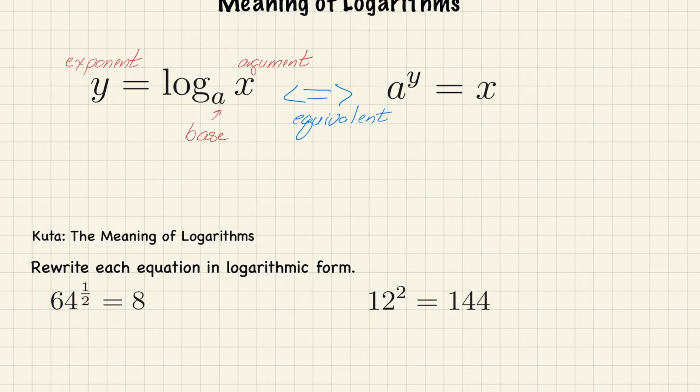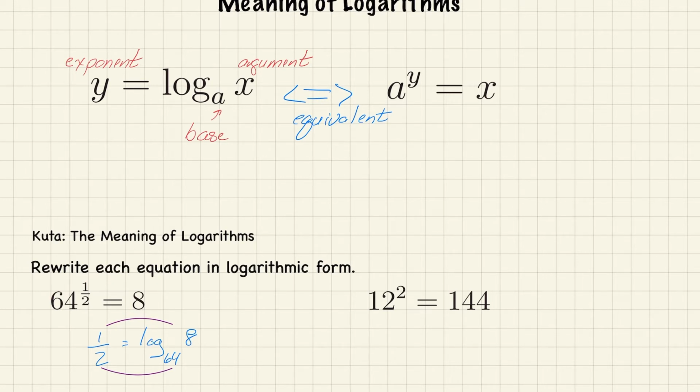So if y is 1/2, we're going to say 1/2 is equal to the log of our argument, which is in this case 8, and our base is 64. So if we go backwards, 64 to the 1/2 power is equal to 8. And this is very much what this says right here. Okay, wonderful. Okay, let's go to our next problem.